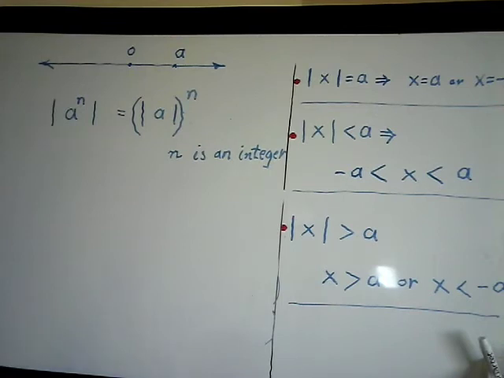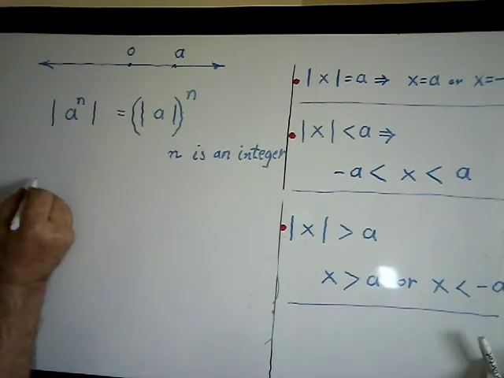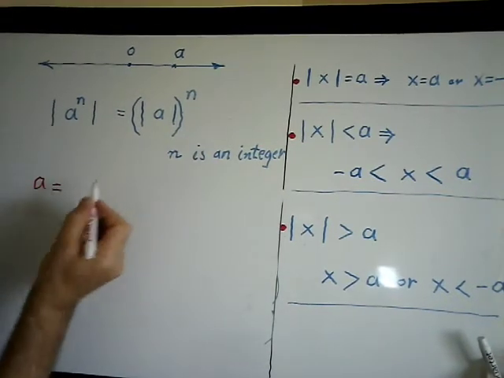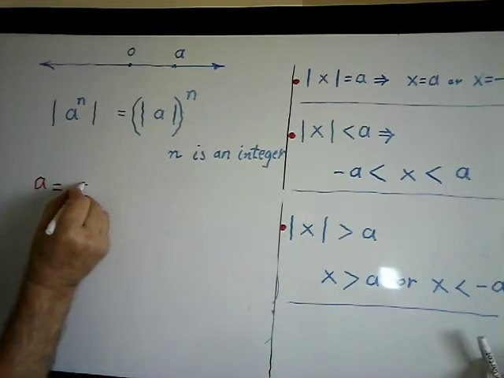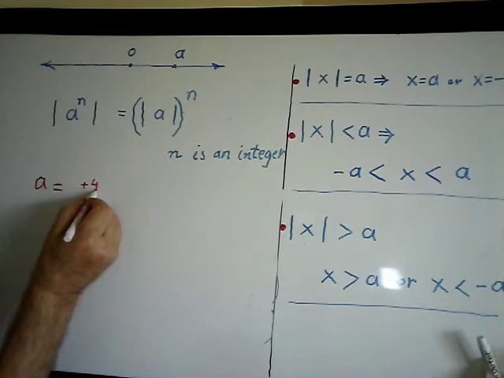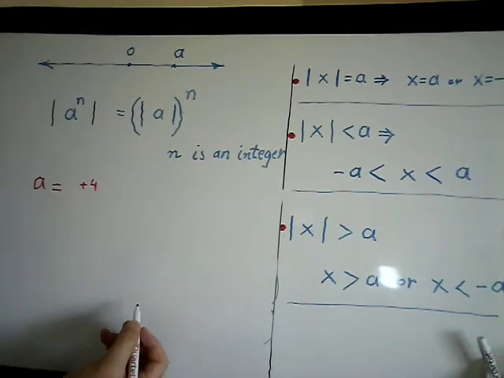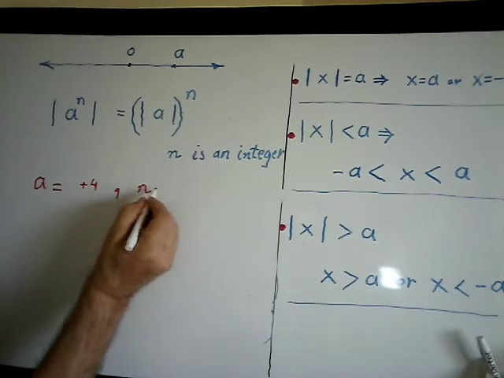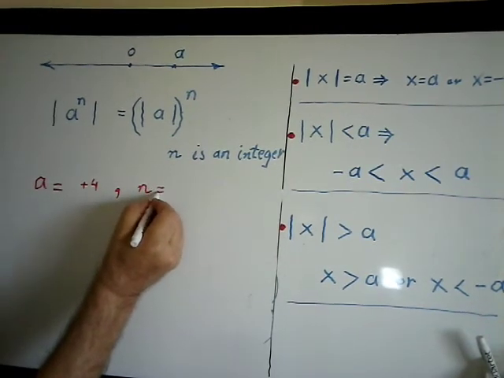To discuss this by example, take A as any number like positive 4 and n any number like 3.